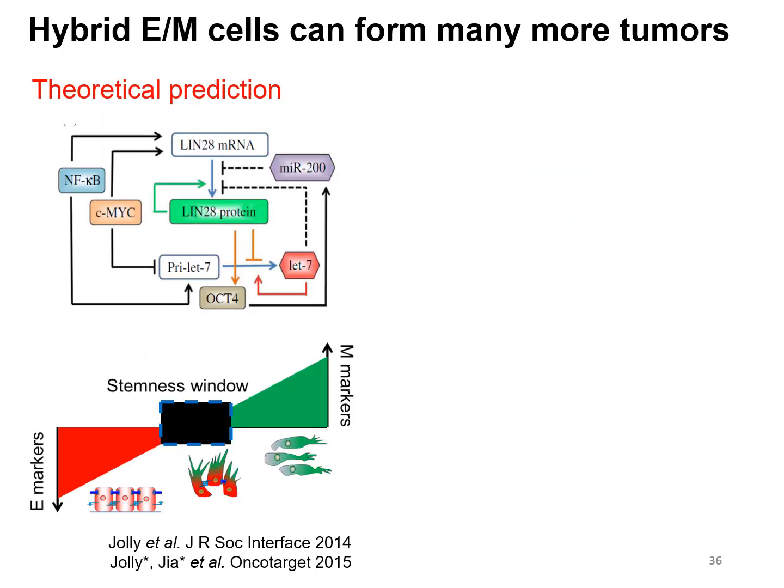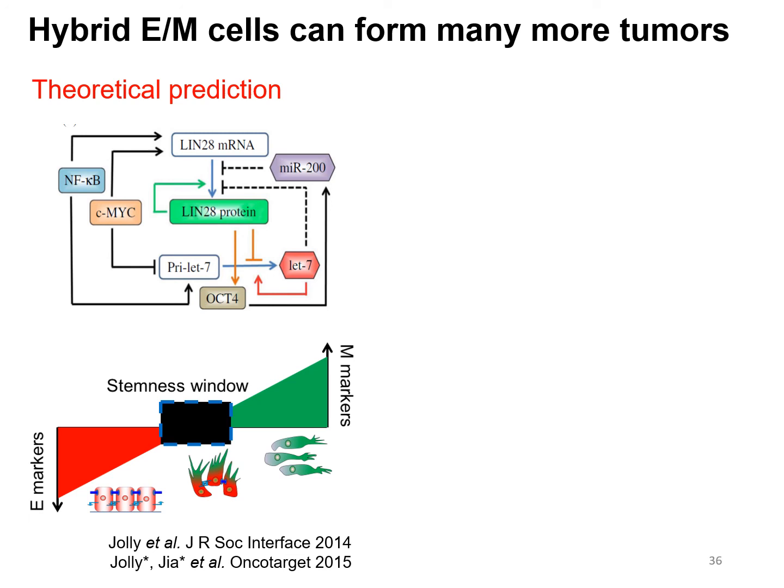Again, we put together different molecules regulating stemness and regulating EMT, and looked at how they are experimentally reported to interact with one another. Once we have a network, we again convert it into a set of equations similar to what I showed you earlier and make predictions.